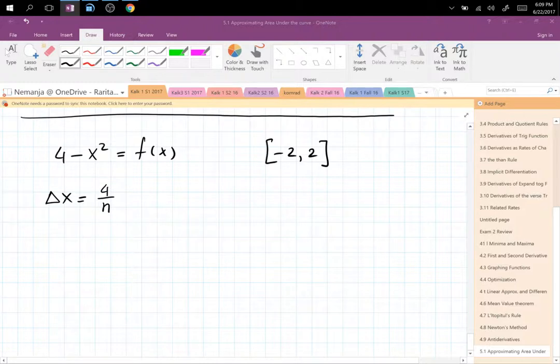Very good. And we have our xi to be -2 plus 4i over n, right?